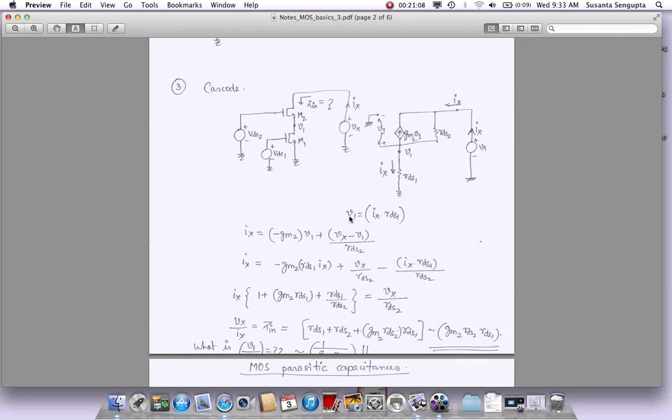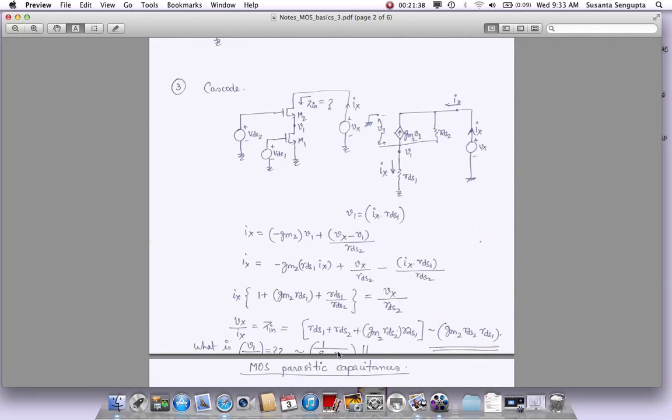So you can start with this expression here and say V1 is Ix times RDS1. What is Ix? Ix is Vx by Zn, Zn being this big value. So Ix will be Vx divided by this huge term here, and then RDS1. So this RDS1 and this RDS1 will cancel, and eventually you will be left with this term, GM2 RDS2, which is what is written here.